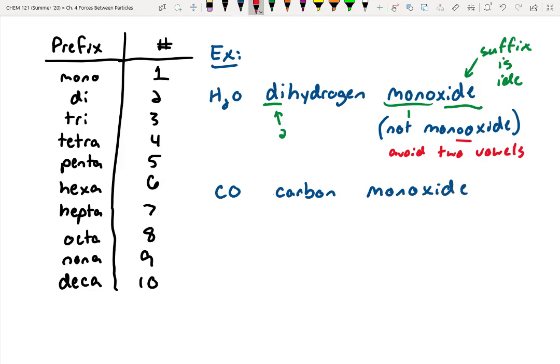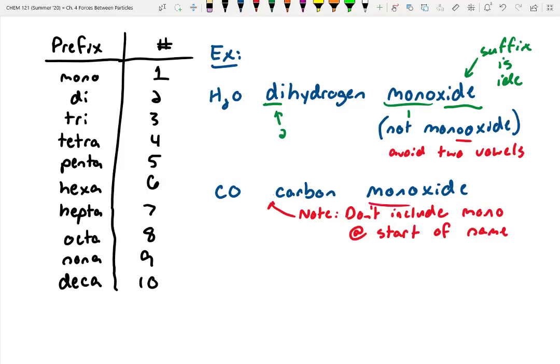The note is, don't include mono at the start of a name. It's implied. You do include mono before oxygen, but we don't include it before carbon.